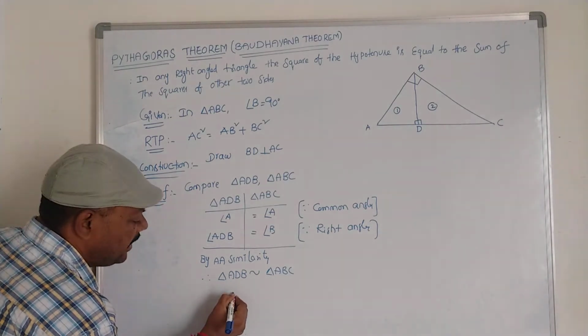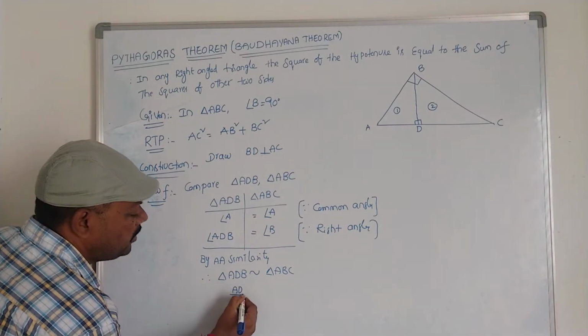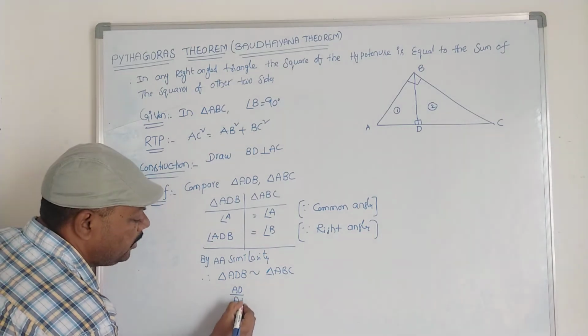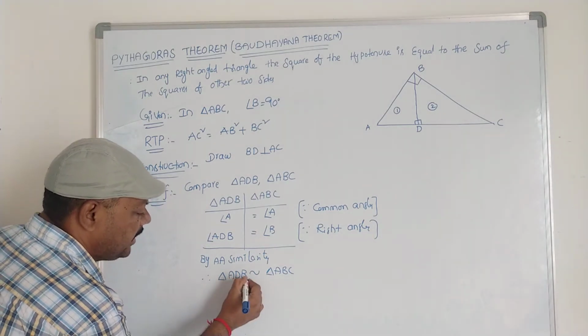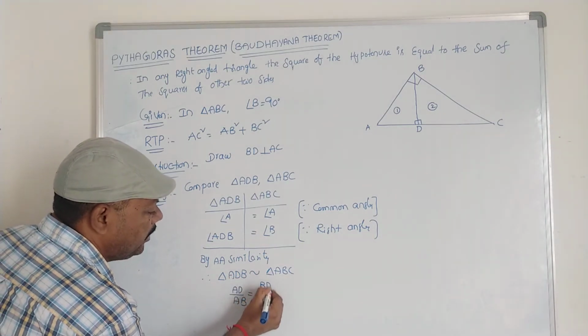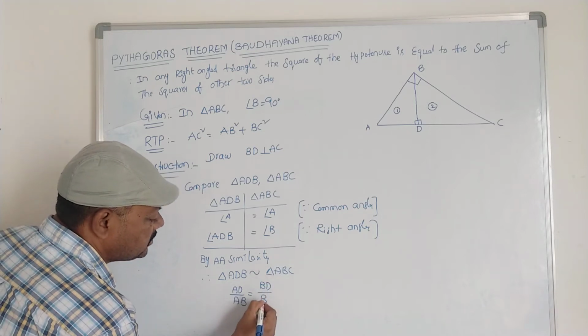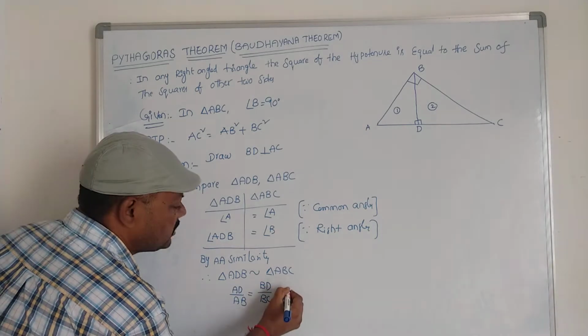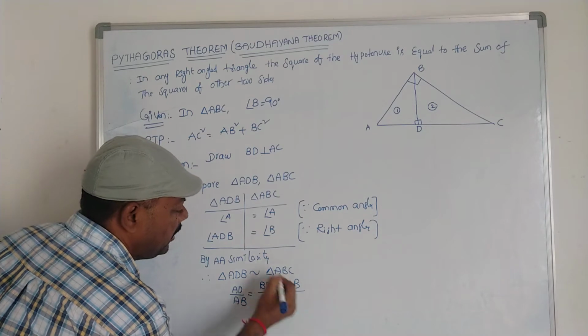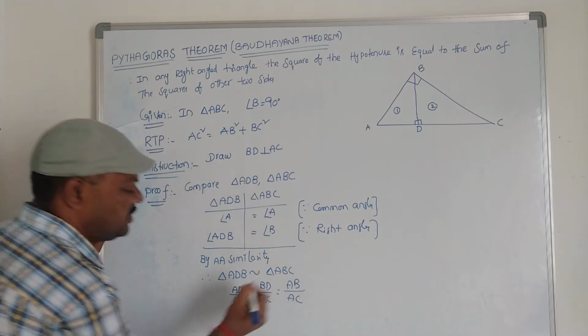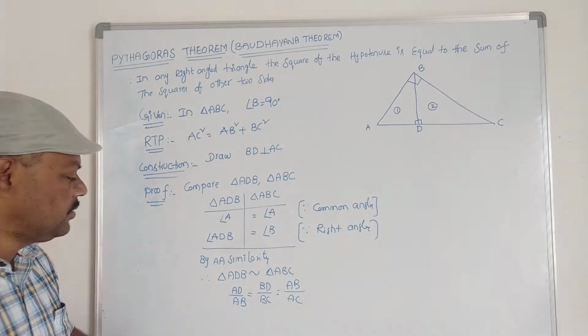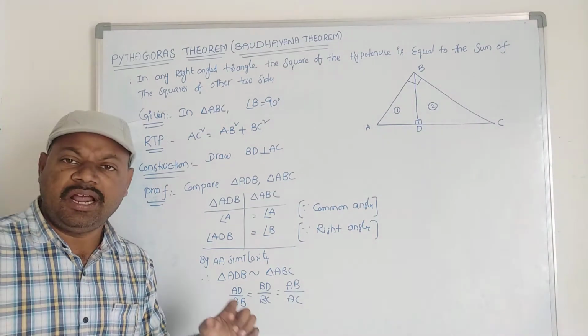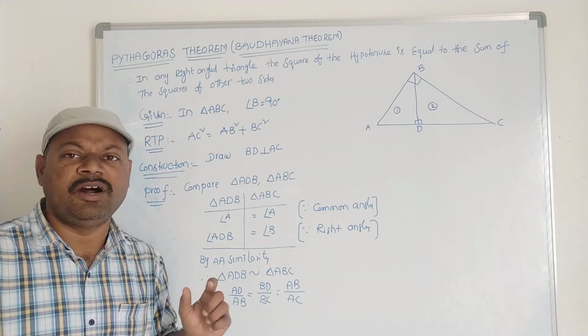First two letters: AD by AB equals second and third letters: BD by BC equals first and last letters: AB by AC. Observe here, if we take the cross multiplication, we will get the square form.